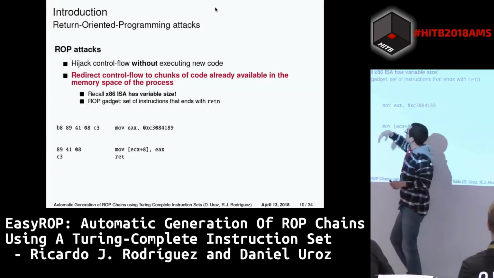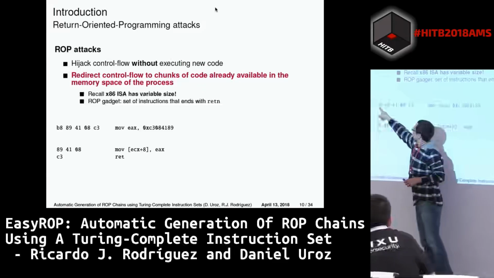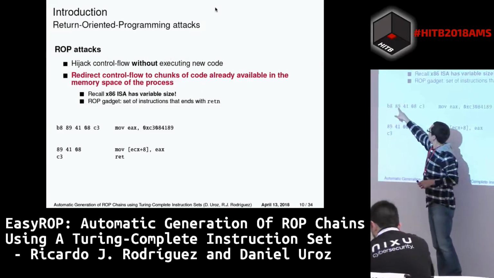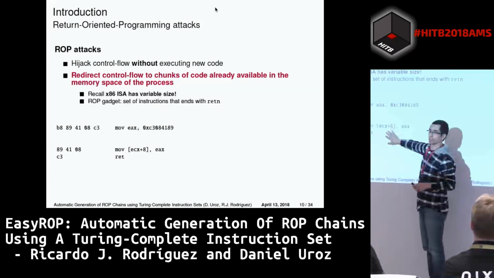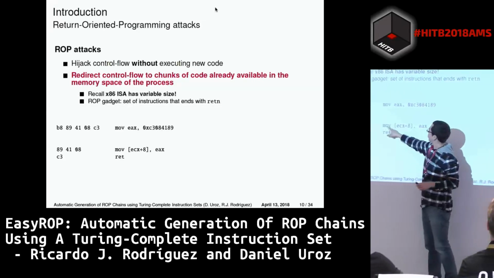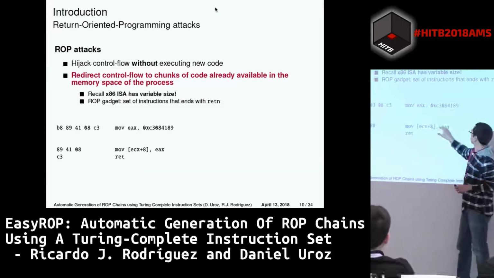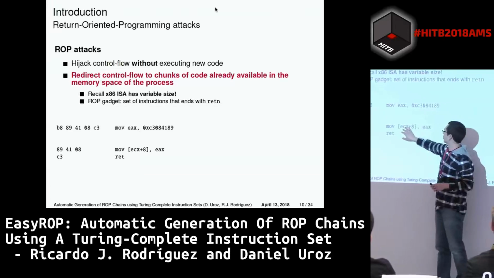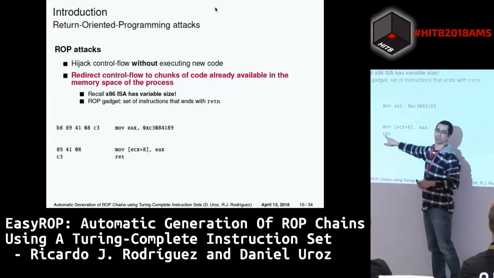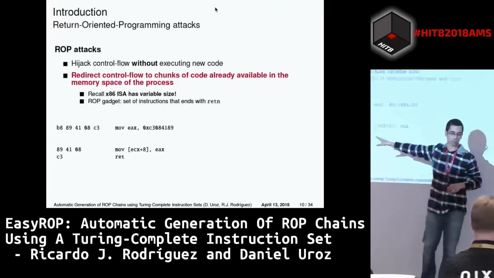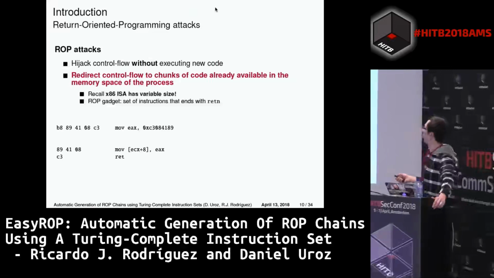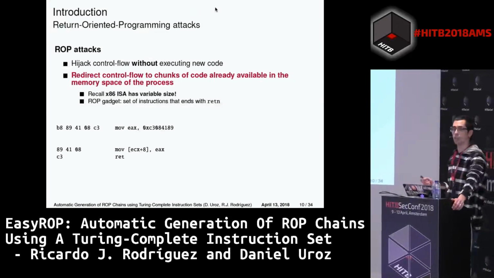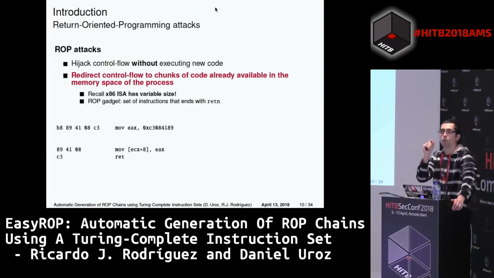Okay. However, if we start to read the instruction from another offset in this opcode, this instruction will become this other one. Okay. But note that here we have a move instruction from a register to an address in memory, but the good thing is that we have here a return instruction. Okay. So this thing here is what is called a ROP gadget. Okay. This is a small piece of code which ends in a return instruction.